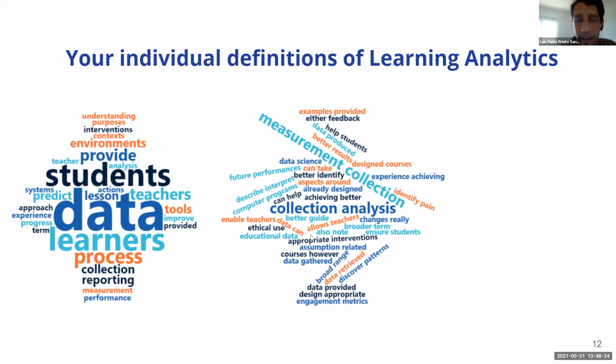It looks like teachers could be users of these things. And there are several other things there, like educational data, ethical use, data gathered, engagement metrics, for example. That's interesting.